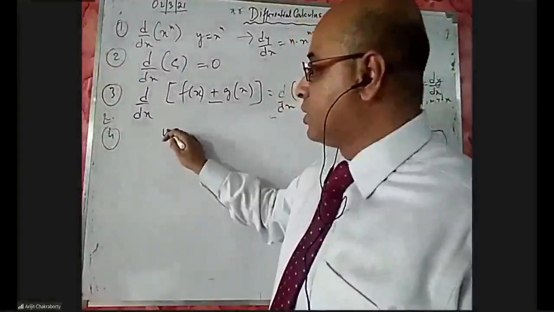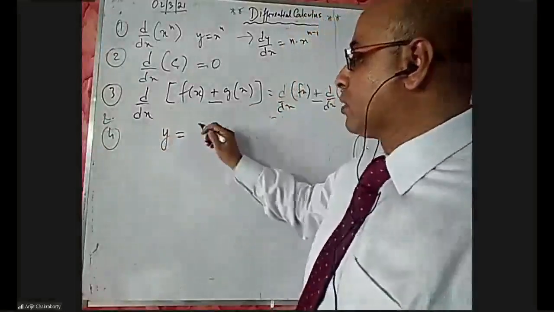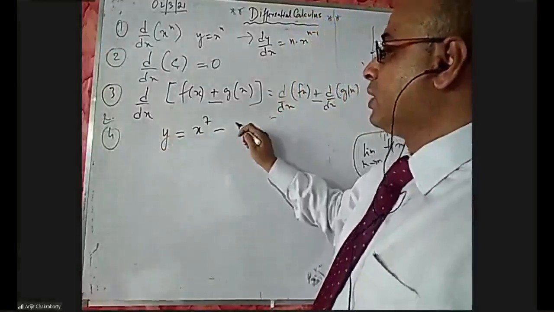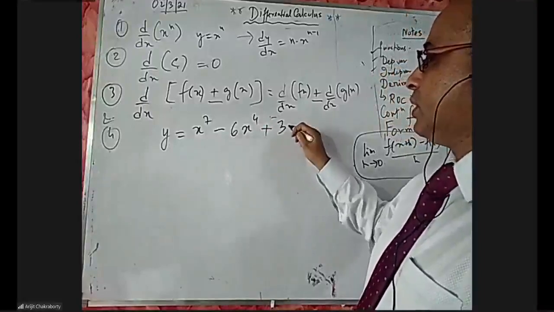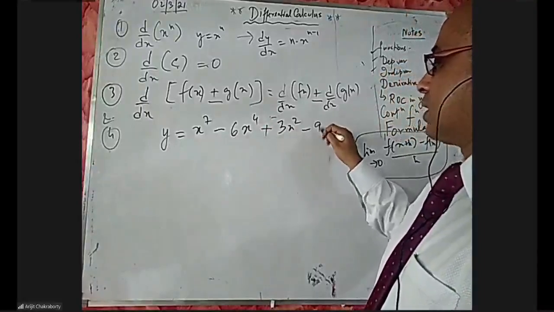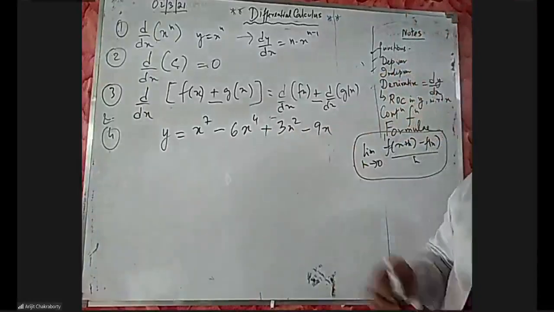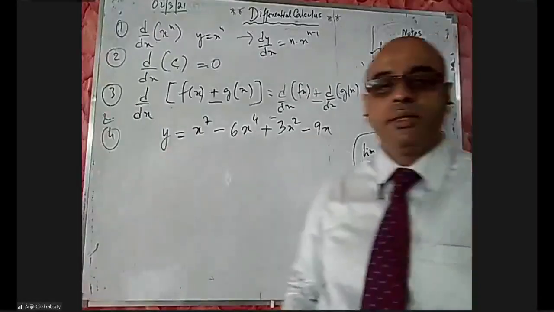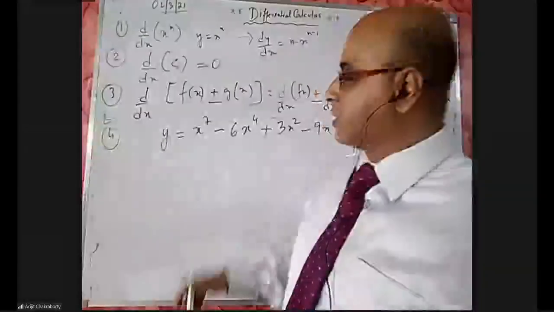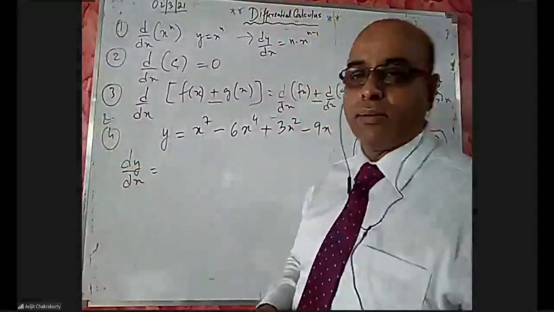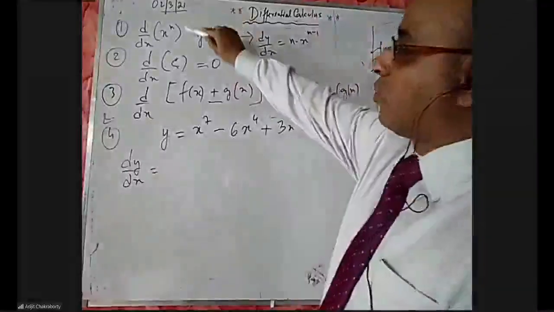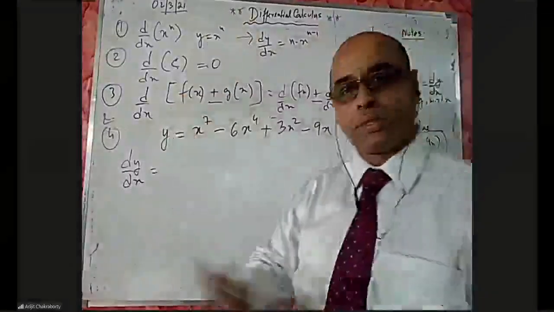The question is, if y is equal to x to the power 7 minus 6x to the power 4 plus 3x square minus 9x. You have to find dy by dx. Just by applying formula number 1, 3 and 4, we will solve it.